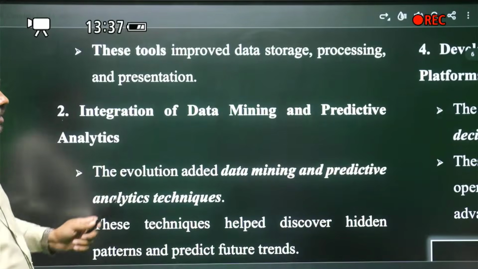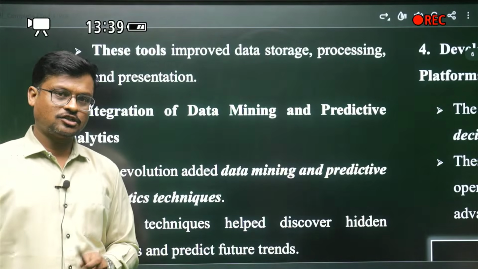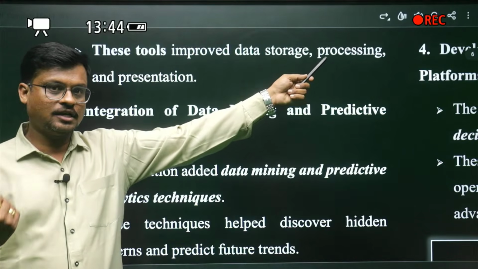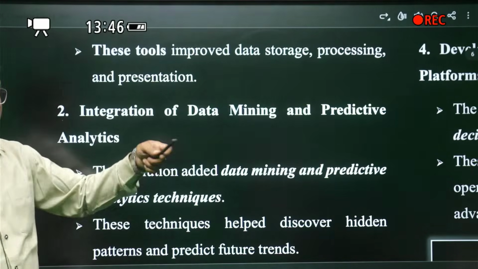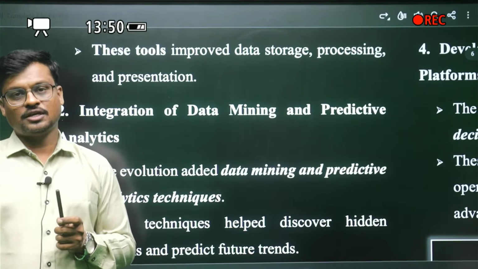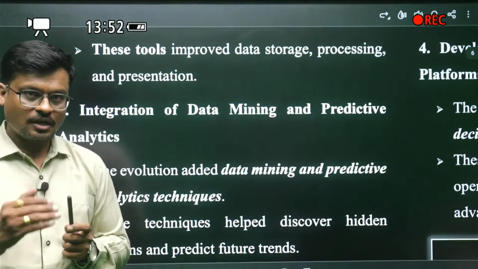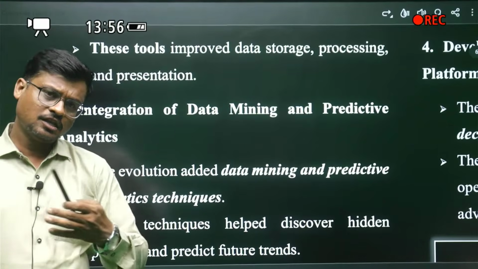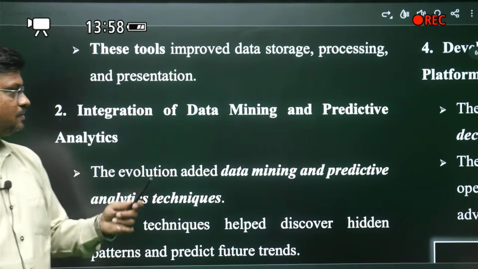These tools improved data storage. These tools improved processing your data, converting your data into information. Visualization tools also came into the picture, and better presentations were given to our decision makers in the form of charts and graphs.